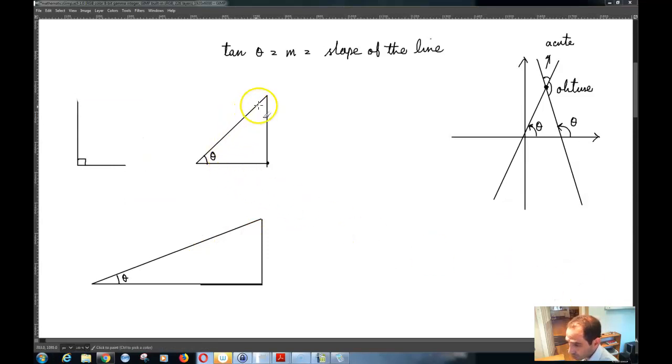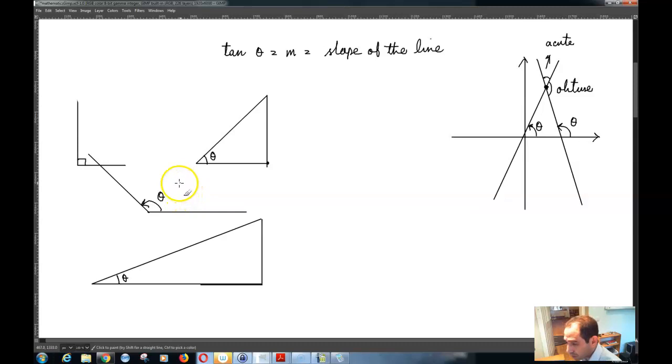If this line goes all the way up to 90 degrees, at this point the slope of the line is not defined, and then you can keep going in this direction and you will get larger and larger thetas, but in that case the slope of the line becomes negative.